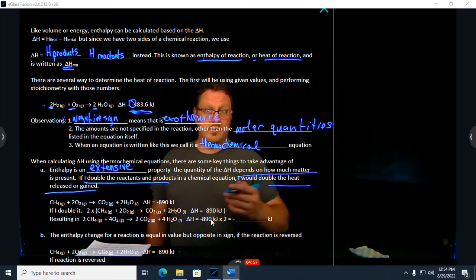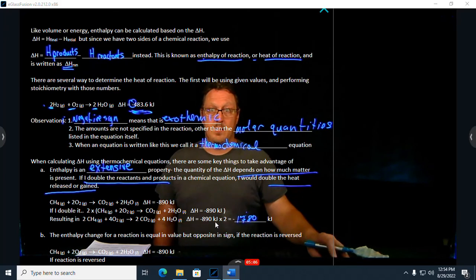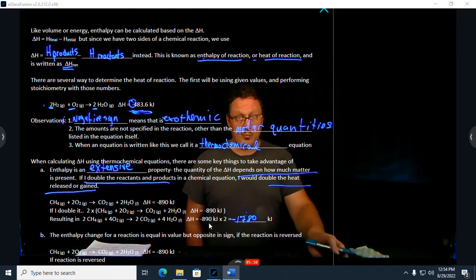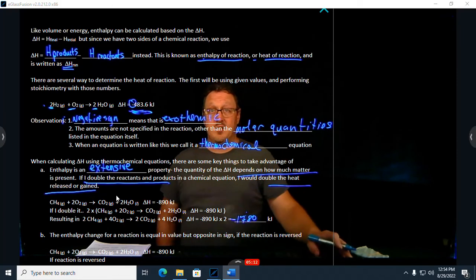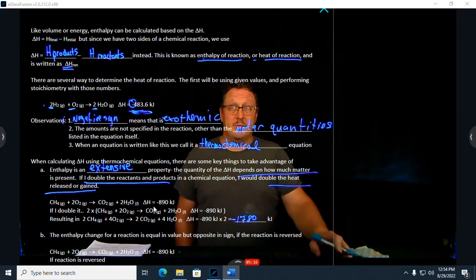And so this goes up to 1780 kilojoules being released. And so there's still a negative sign there, but I'll write it in just in case. Okay, and so we doubled the energy. If I double the chemical equation, I double the energy. So that's kind of a big deal.